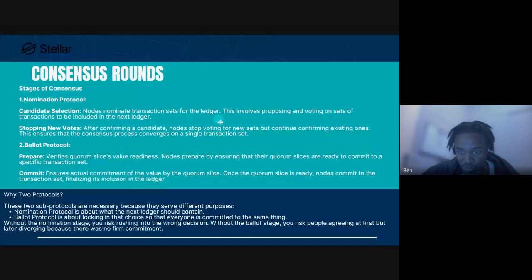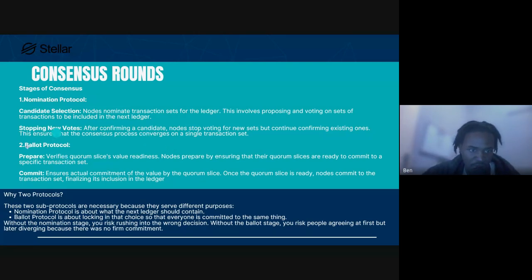This involves proposing and voting on sets of transactions to be included in the next ledger. The nomination protocol can also stop new votes. After confirming a candidate, nodes stop voting for a new set, but continue confirming the existing one. This ensures that the consensus process converges on a single transaction set.